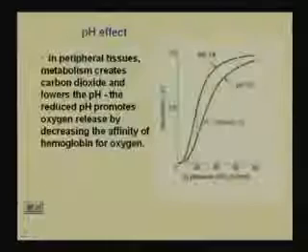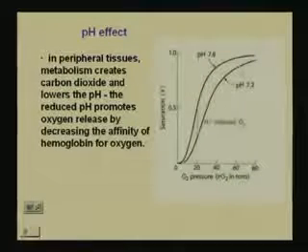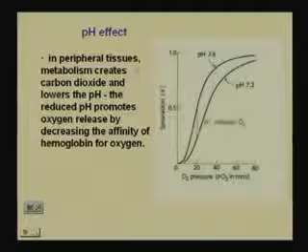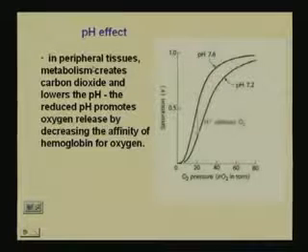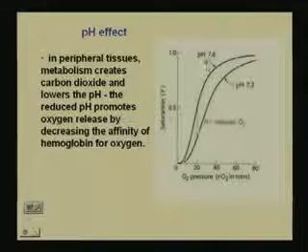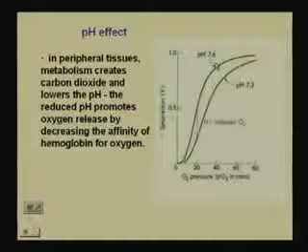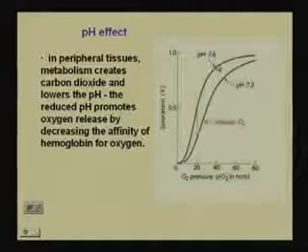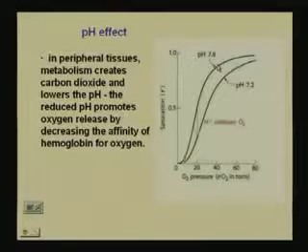So, what do we have? This is what we have. At a higher pH, we have the peripheral tissues here. The pH is 7.6. As we have the carbon dioxide release, the H+, what is happening?